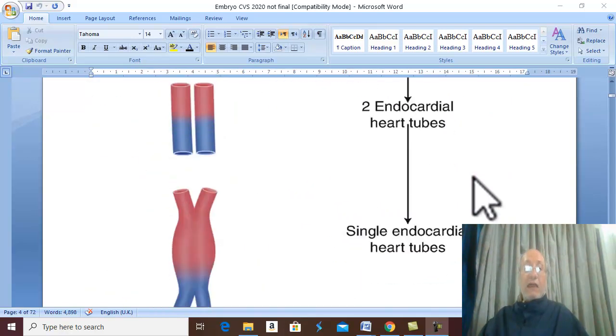The third step is formation of a single endocardial tube, which now will be called the primary heart tube. How to form a single primary heart tube?